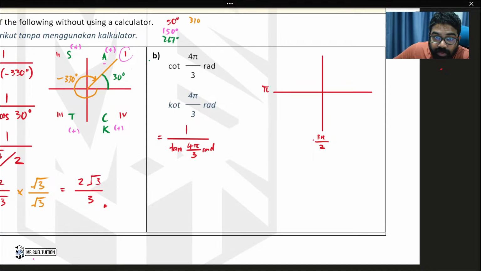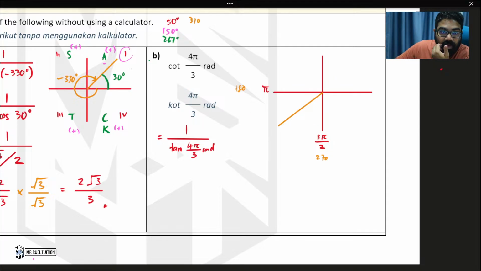Between 180 and 270. Here. So 4 pi over 3. Again, don't worry. If you're not sure, just check in degrees. In degrees it is 240. That is between 180 and 270, right? Just double check. Right? Understand or not?